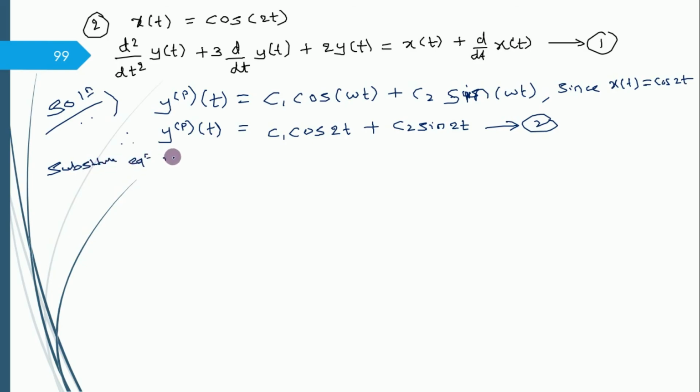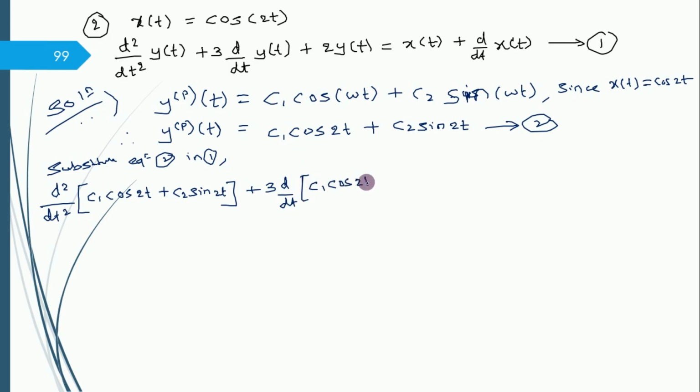So by doing this, I get d square by dt square of c1 cos 2t plus c2 sine 2t, plus 3 into d by dt of c1 cos 2t plus c2 sine 2t, plus 2 into, in place of y of t, just write it as it is, c1 cos 2t plus c2 sine 2t.